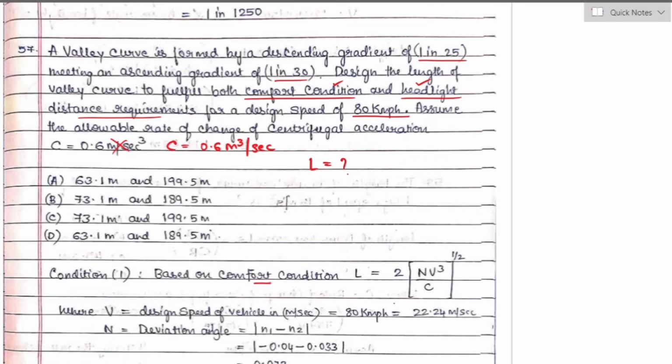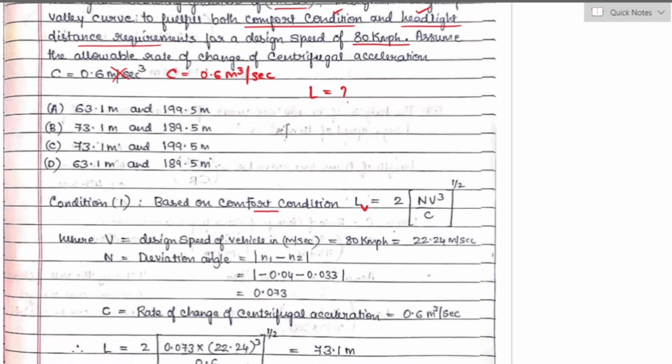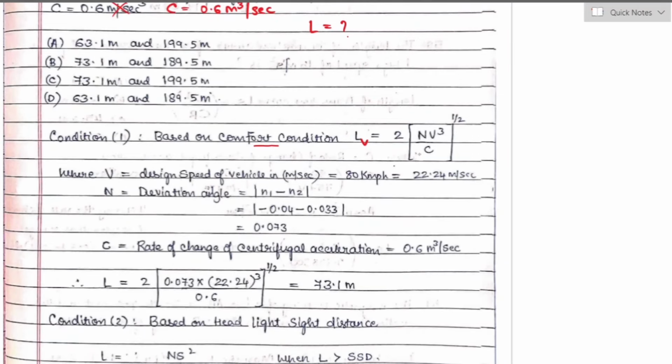As per IRC, based on the comfort condition, the length of the valley curve is calculated by the formula 2 times (N V cube divided by C) to the power of 1 by 2, where N is the deviation angle, V is the design speed of the vehicle, C is the rate of change of centrifugal acceleration. Design speed should be calculated in terms of meter per second. So we shall convert the given design speed in kilometer per hour to meter per second as 22.24 meter per second.